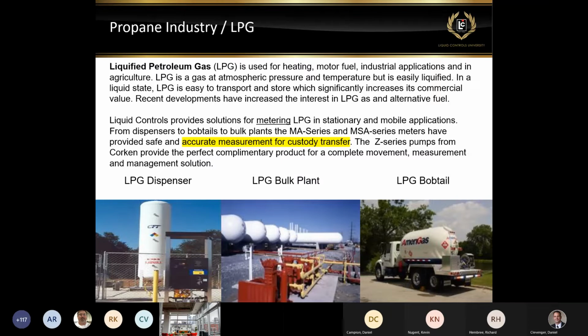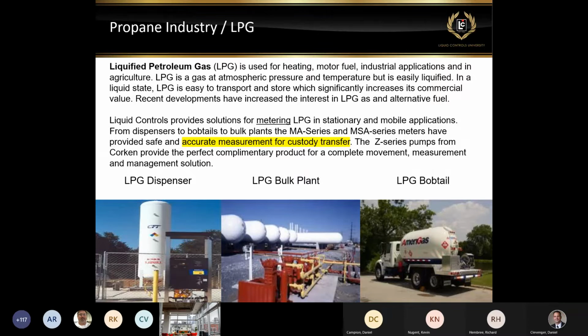Now it's more convenient because it's very portable, and everyone is talking about cylinder fillings and using cylinders for recreational use. It's probably the best type of portable fuel for recreational use, but it's expanding even more into LPG dispensing in the US, but it has been doing that for a number of years internationally.